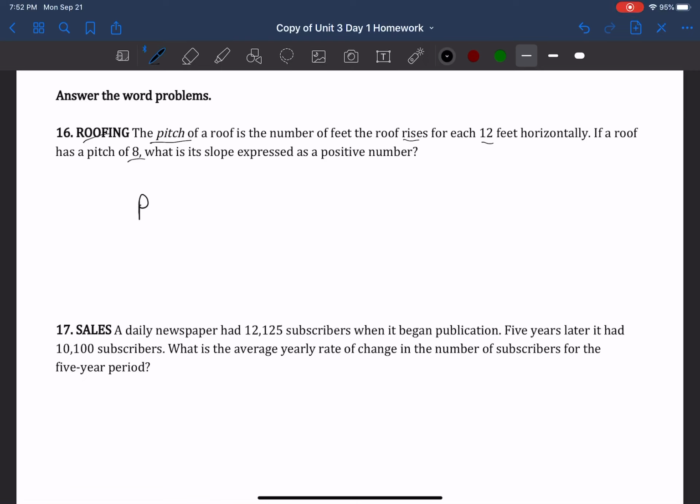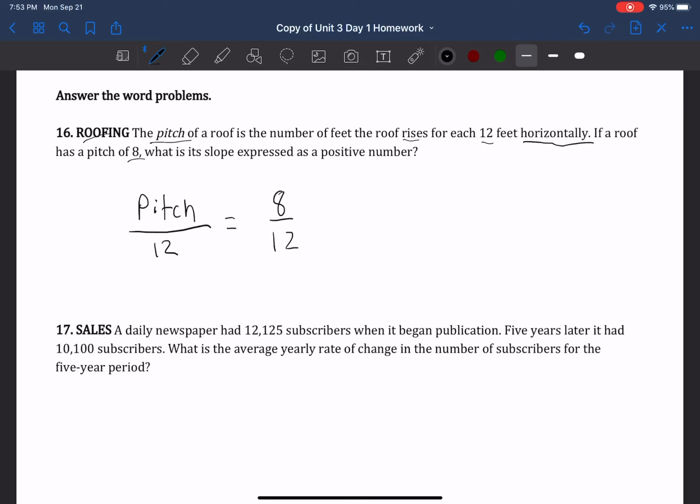So I have pitch, or the number of feet rising, over 12 feet horizontally. So this is rise over run, because horizontally is our horizontal movement, or our run. If a roof has a pitch of 8, so that's saying instead of pitch we write in 8 over 12.